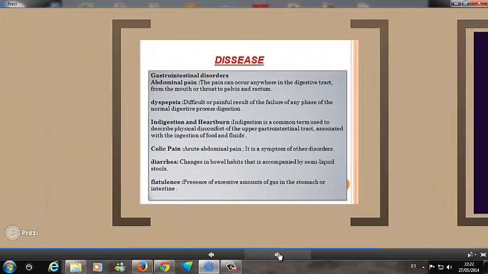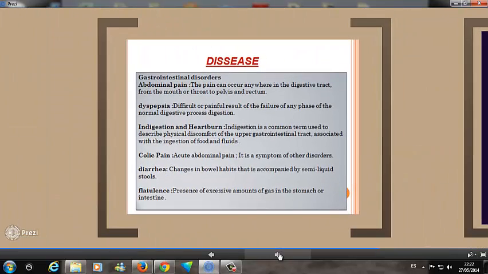Digestive gastrointestinal disorders. Abdominal pain. The pain can occur anywhere in the digestive tract, from the mouth or throat to the pelvis and rectum. Dyspepsia. Difficult or painful digestion, the result of the failure of any phase of the normal digestive process. Indigestion and heartburn.